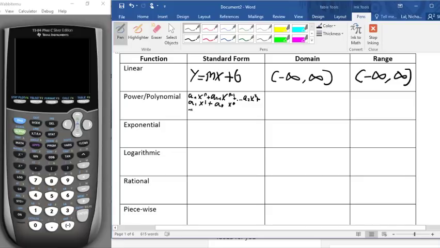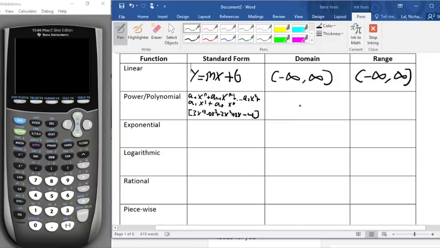So an example here would be like 3x to the 4th minus 0x cubed plus 2x squared plus 3x minus 4.